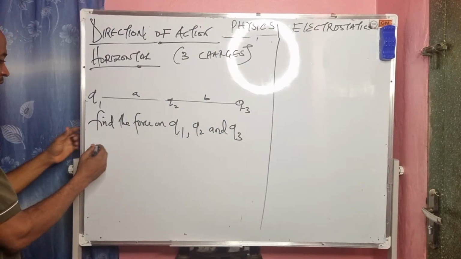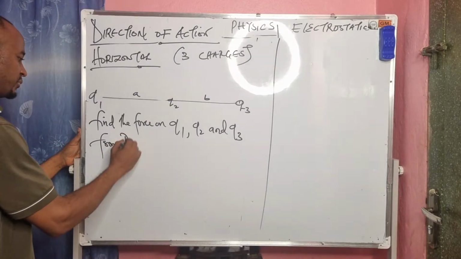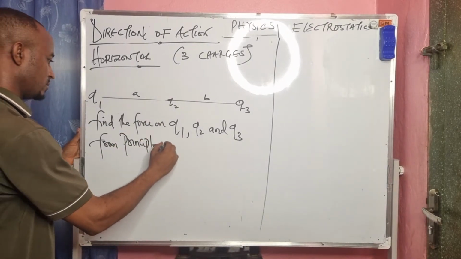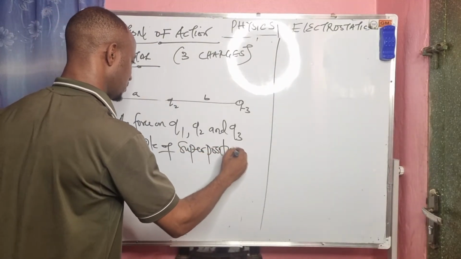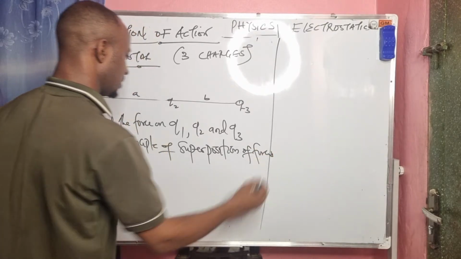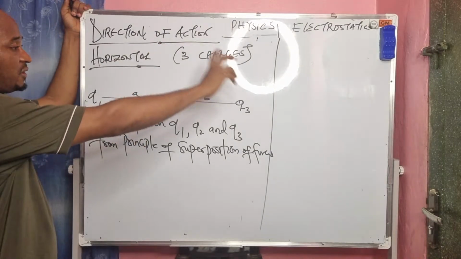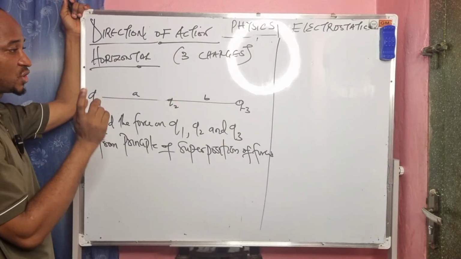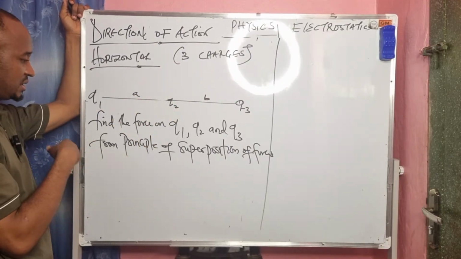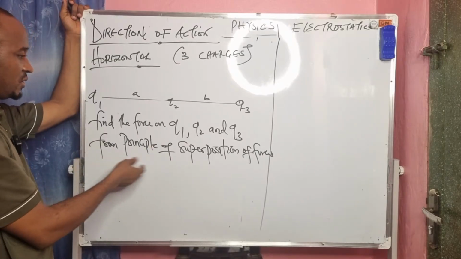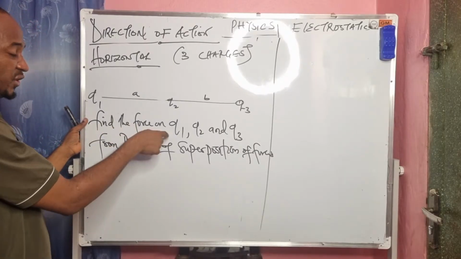There's a principle called the principle of superposition of forces. The sum of all forces acting on a particular charge is equal to the sum of the individual forces acting on that same charge.